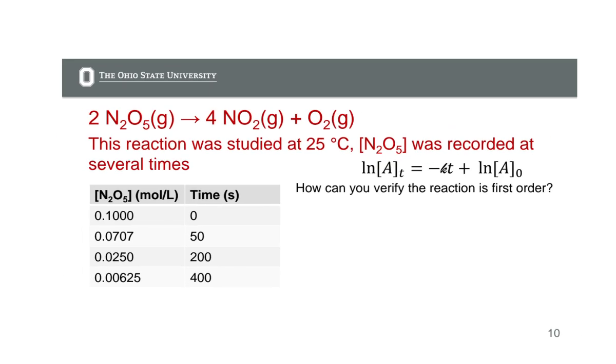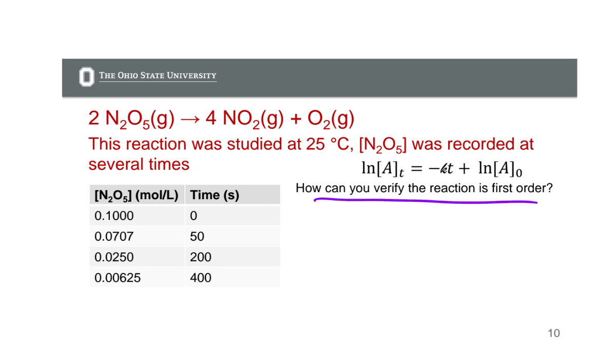So the next set of slides asks you how you can verify if a reaction is first order. Right? And I've given some concentration and time data. The way that we would go through and verify that is to plot it and then figure out what we would need to do to make it linear.